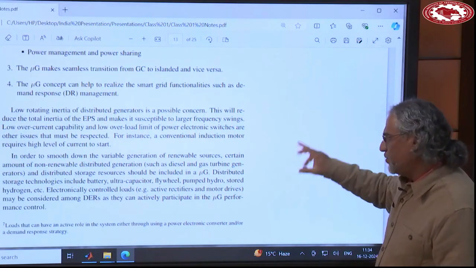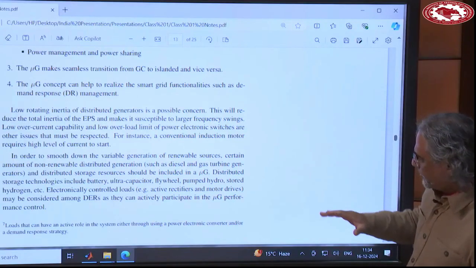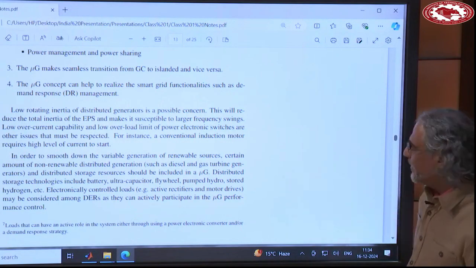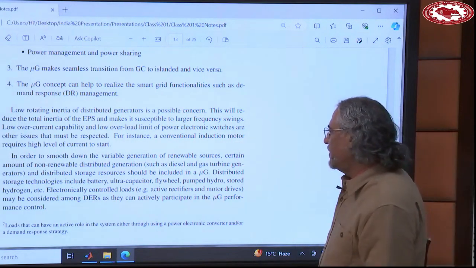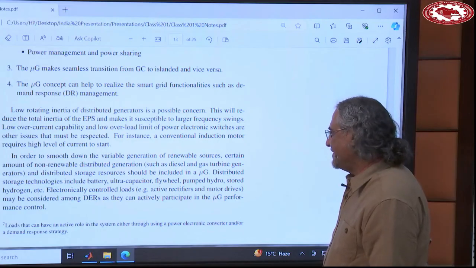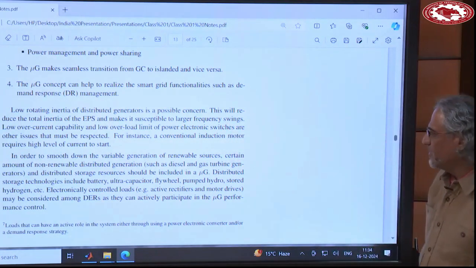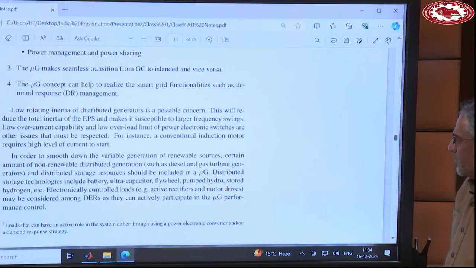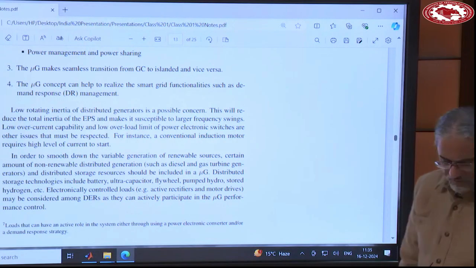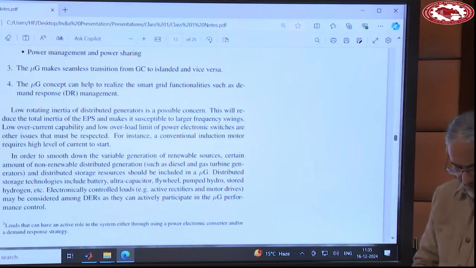This is an introductory chapter, so it is sometimes a little disjointed. For instance, now I'm talking about inertia. This is another aspect that we have in the power system. The kinetic inertia of synchronous generators, as you most likely know, has been very important in maintaining the stability of the power system.